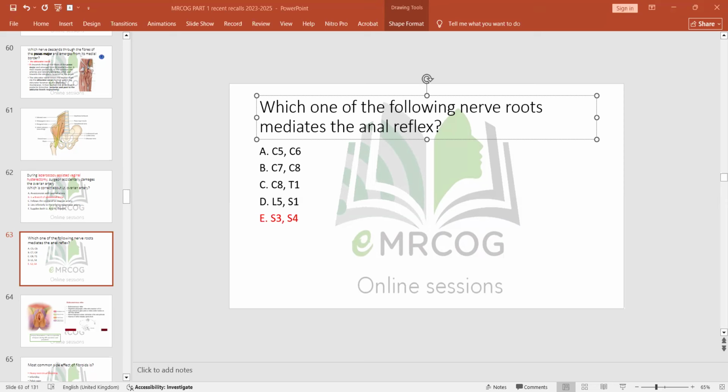Superior rectal nerve, a branch of what? Just like the artery, the inferior mesenteric plexus. See, it's very, very easy to remember.